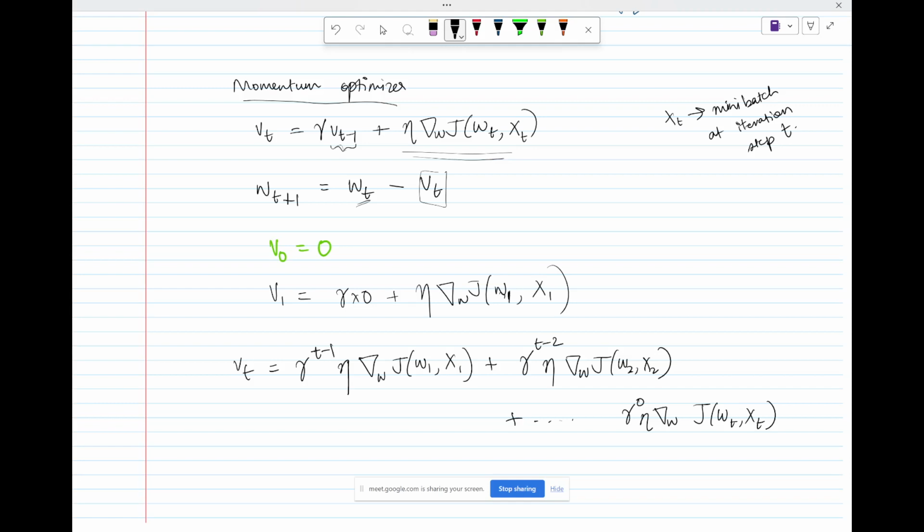So at time t, the momentum is carrying the gradient information, or the momentum from all the previous mini batch updates that have happened till time t. So that's why the oscillation is sort of less.